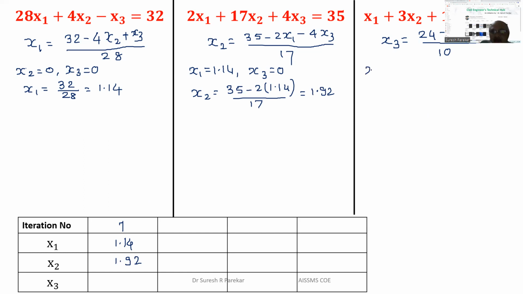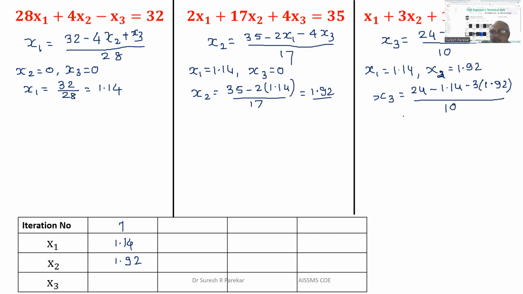Now we will go for x3. At that time we have x1 as 1.14 and x2 as 1.92. From this we get x3 equal to (24 minus 1.14 minus 3 times 1.92) divided by 10.